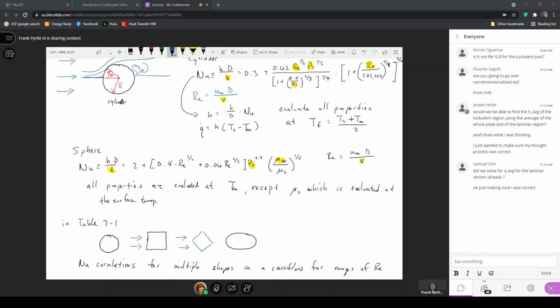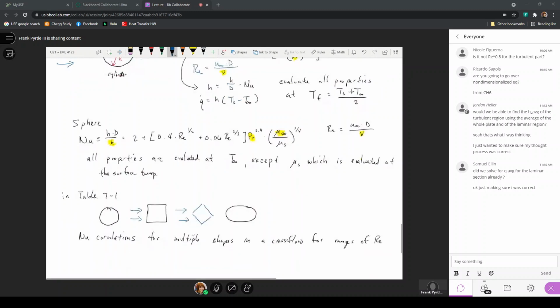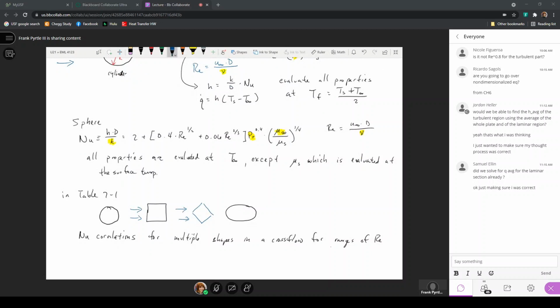But you use those correlations from table 7-1 so that once you've calculated the Reynolds number, which would tell you what range of Reynolds number you have acting on your particular shape, you would then select the Nusselt number correlation that goes along with that range, and you could calculate for these irregular shapes in a cross flow.